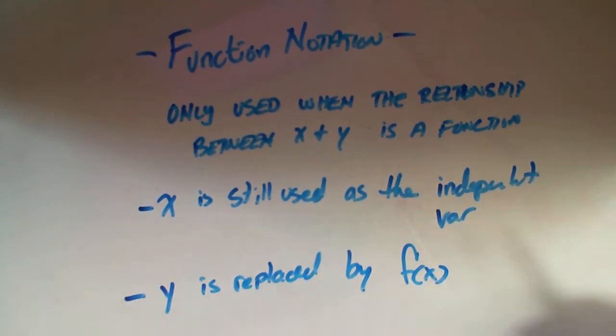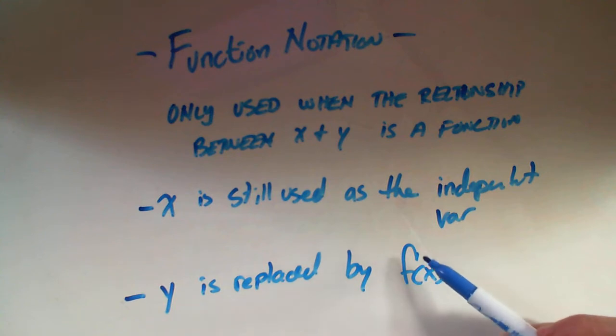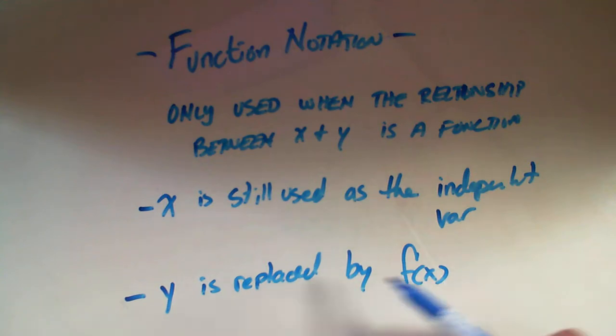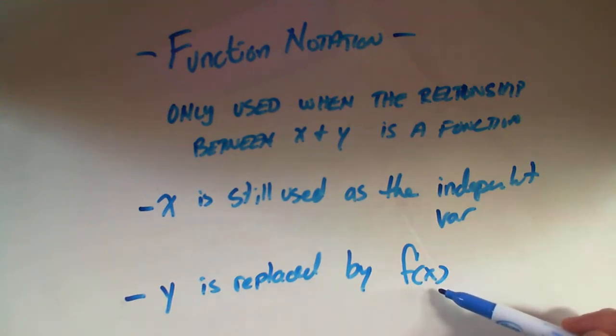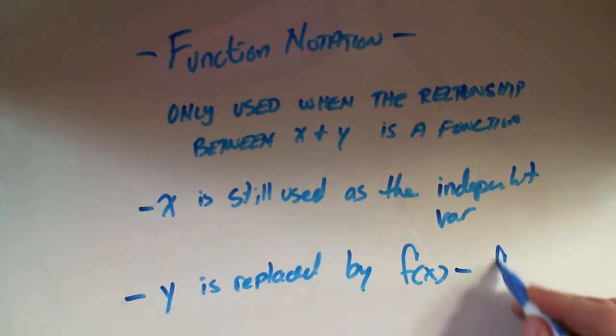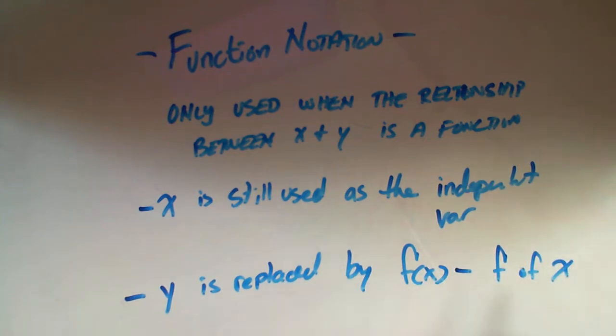And in this case, we use f, but there's nothing magic about f. It could be g of x or q of x or whatever of x. But the y is replaced by this function notation, and this is read f of x, because we know that y is a function of that variable x.